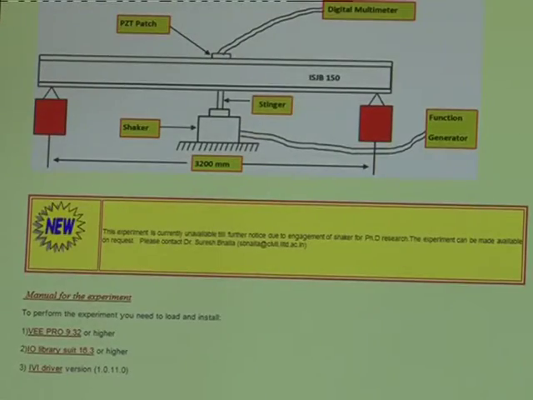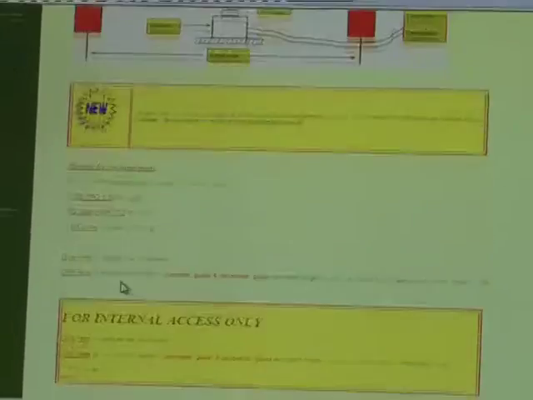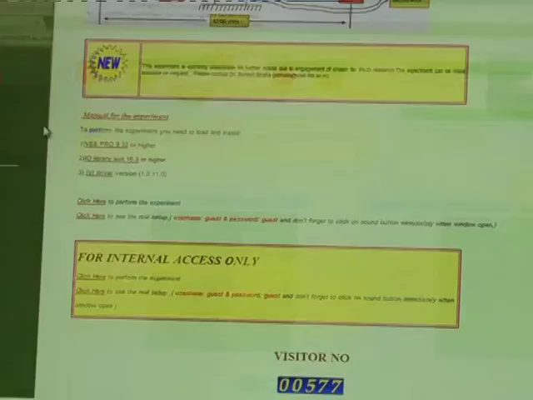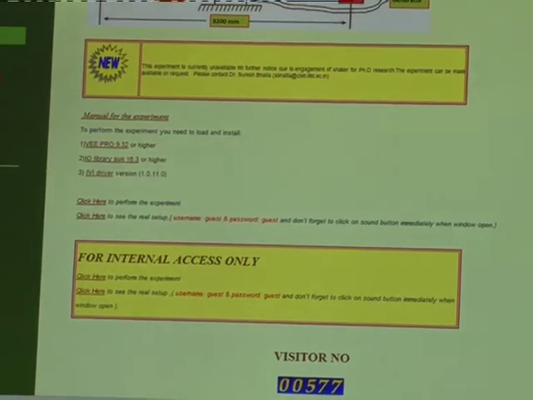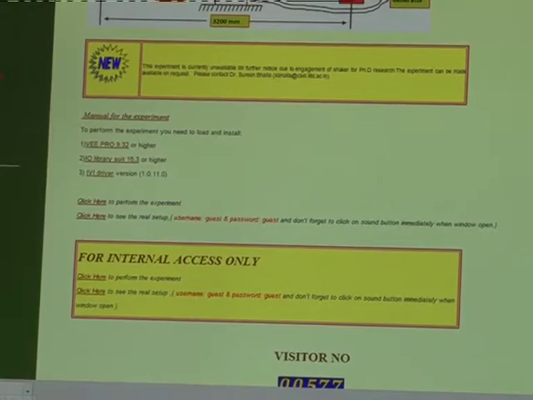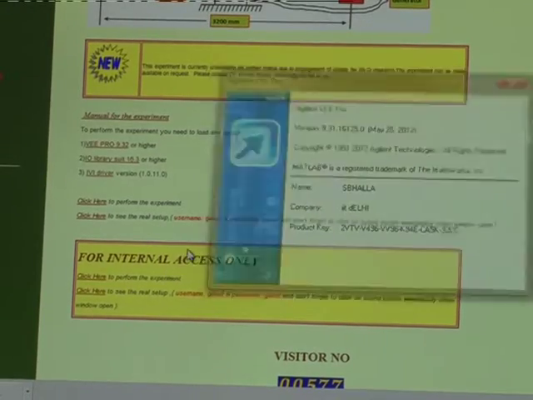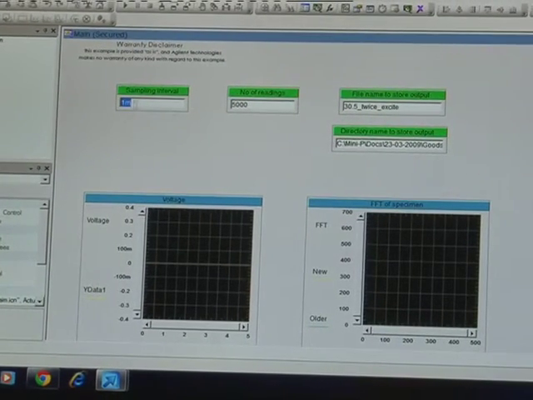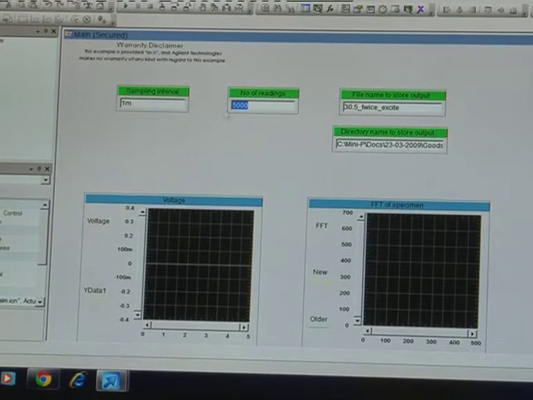Now, I will perform experiment 3. It has to be performed in Chrome. So, it will download the VXC file. When I open that VXC file, again I have given 1 millisecond interval, 5000 readings.